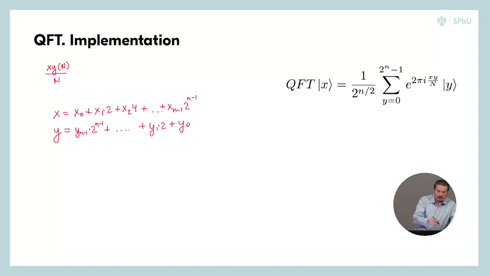So, if we multiply x and y, we actually multiply these bit representations, so these sums. And when we multiply two sums, we actually multiply each term of the first sum with each term of the second sum.